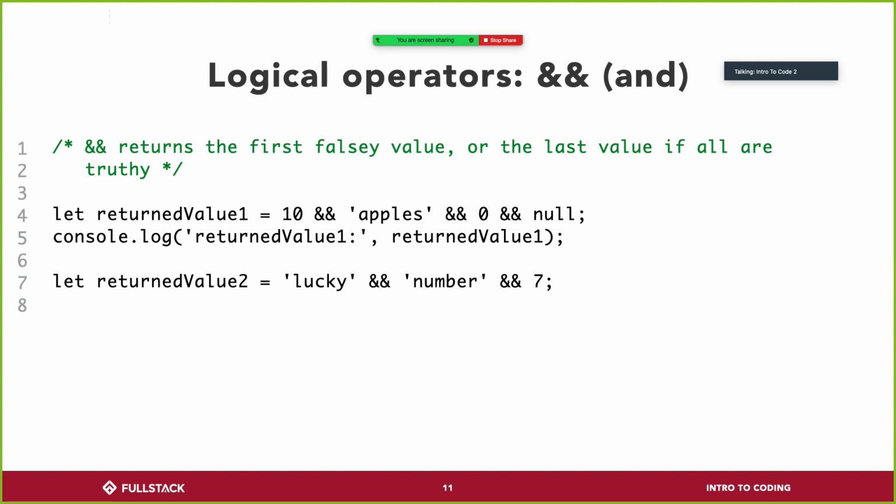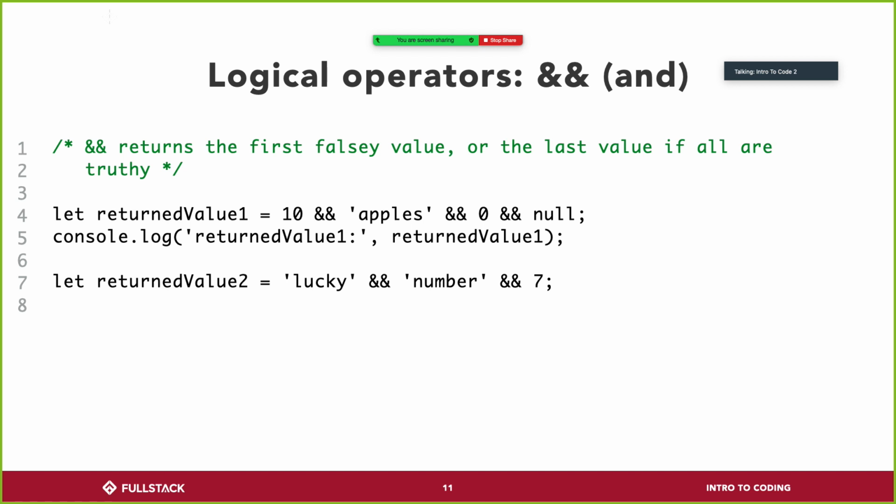This line 7, we can try and calculate it, but it should return 7 because they're all truthy. So it'll just return the last. It'll evaluate to the last value, and that'll become the value of return value.